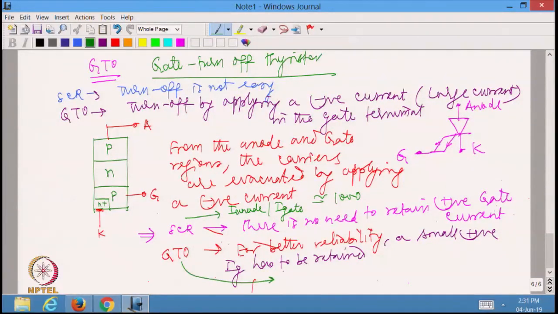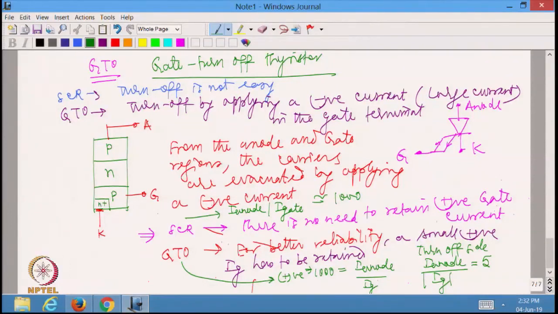In a GTO, on the positive side, I will have a current gain of 1000 approximately, which is I anode by Ig. Whereas on the negative side, that is the turn off side, I anode by Ig magnitude, I am talking about magnitude because it is a negative current, will be only of the order of 5 or 6, nothing better than that.